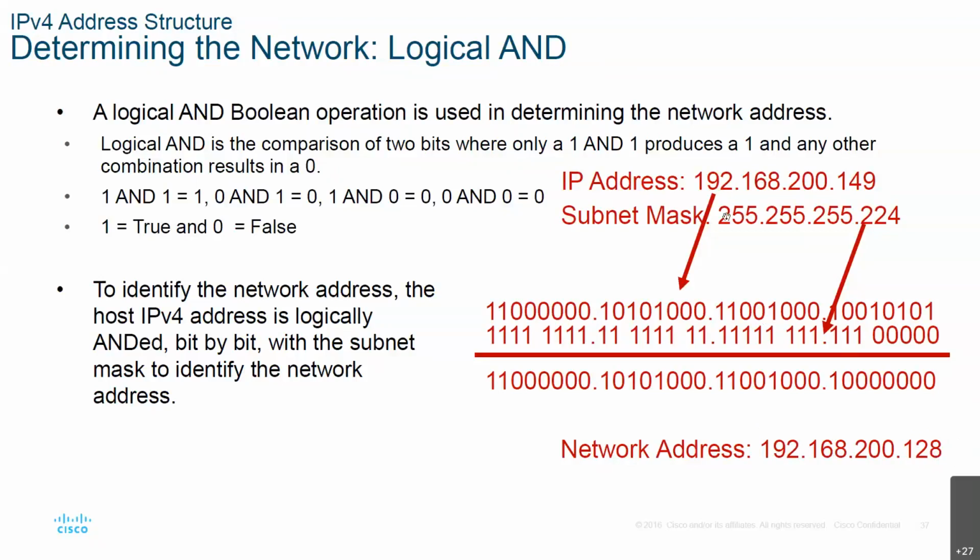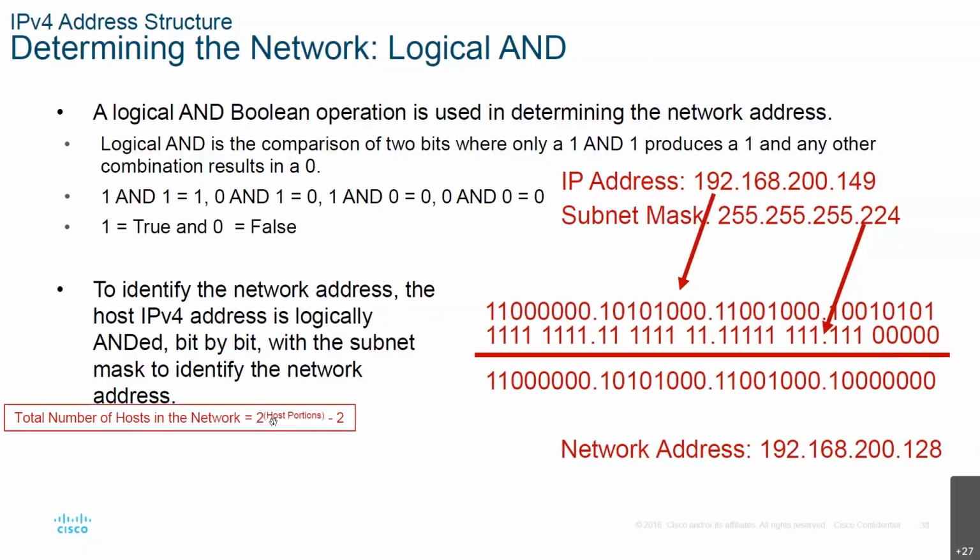Look at the subnet mask. Look at the zeros: 1, 2, 3, 4, 5. The total number of hosts in the network is 2 to the power of the host portion. Looking at the subnet mask, the host portion consists of 5 zeros. So 5 host bits.